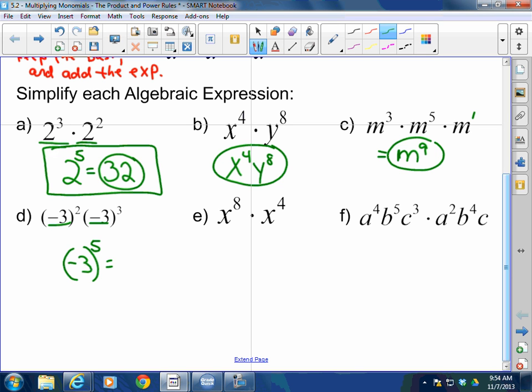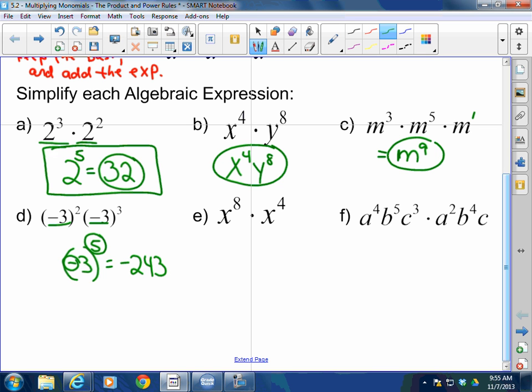Negative 3 times negative 3 is 9, times a negative 3 is negative 27, times a negative 3 is positive 81, times a negative 3 is negative 243. One little hint: when you have an odd exponent with a negative, the answer is going to be negative. When you have an even exponent attached to a negative, the answer is going to be positive.